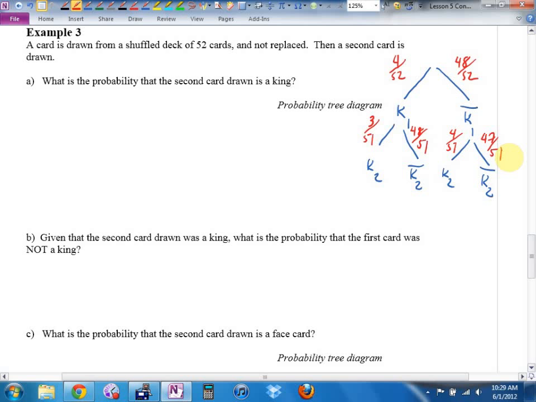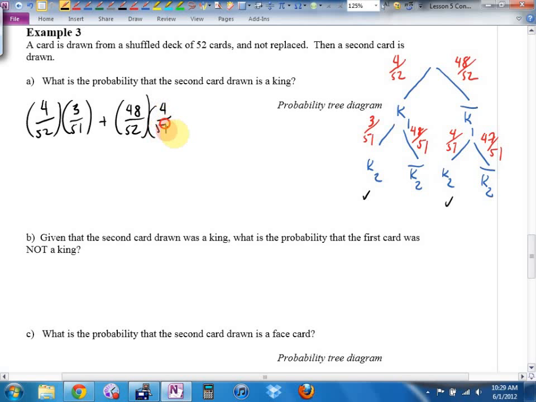What's A asking me to find? Second card is a king. Does it mention anything about the first level, what it has to be? Oh, well then both branches are feasible. This branch or that branch. 4 out of 52, 3 out of 51, or 48 out of 52, 4 out of 51.